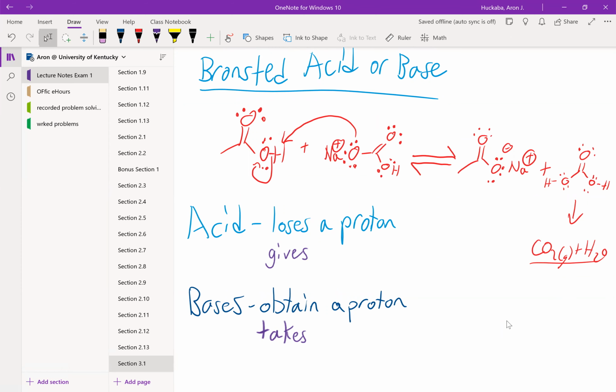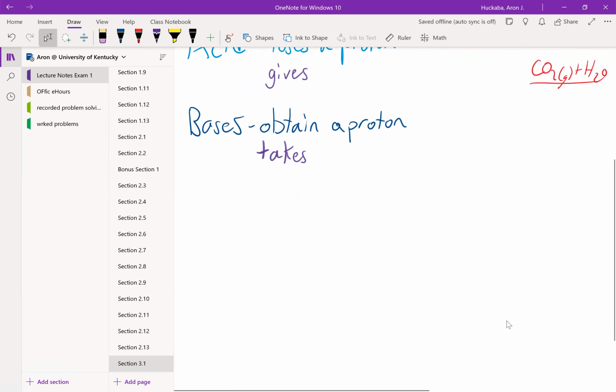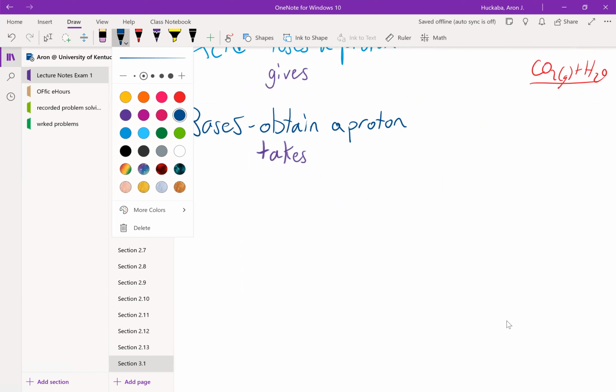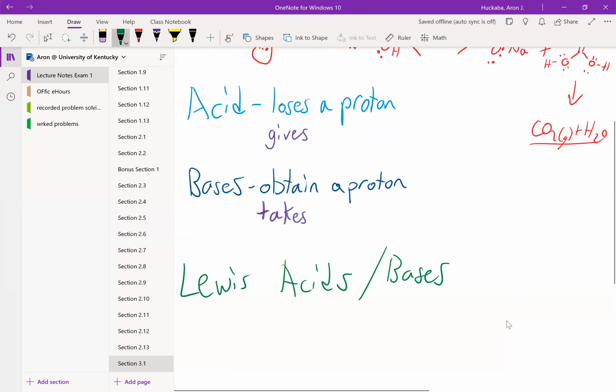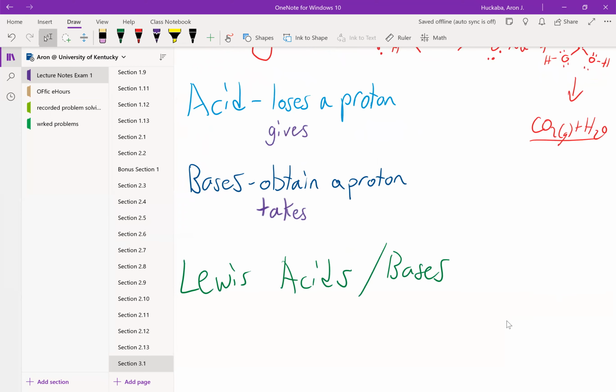But in Lewis terms, such as a Lewis acid or a Lewis base, we have a slightly different scenario. Lewis acids or bases talk about electron donors instead of protons. So here the acid was the proton donor, right? Loses a proton, donor, and acceptor.